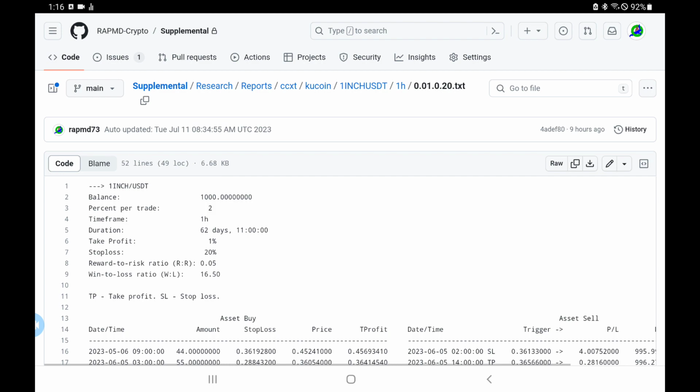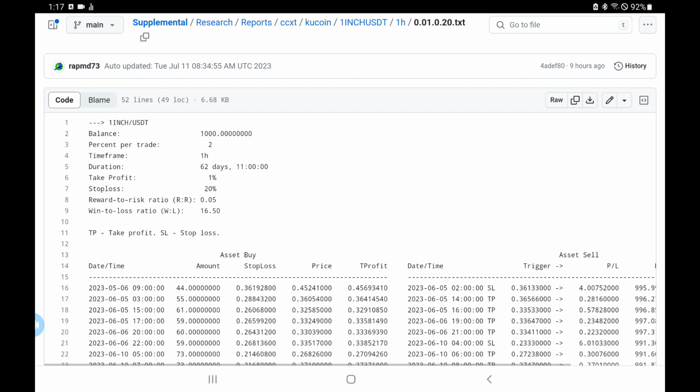So you see, I started this simulation with a $1,000 balance, 2% of my balance per every single trade. This is the 1 hour time frame, and the duration of that time frame is 62 days and 11 hours. My take profit is 1%. My stop loss is 20%.